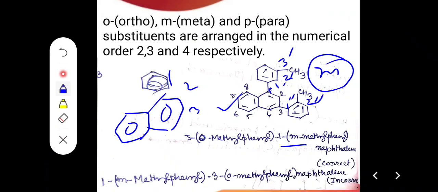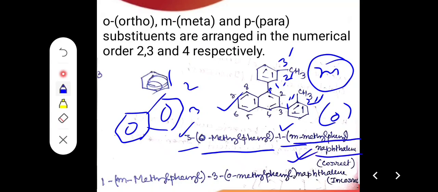So we consider this is ortho. So we can say at 3 position of naphthalene, in bracket, o-methylphenyl unit is present. At 1 position of naphthalene, meta-methylphenyl group is present, then naphthalene. This is the correct approach.